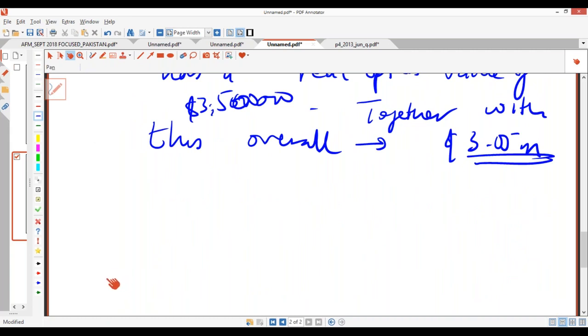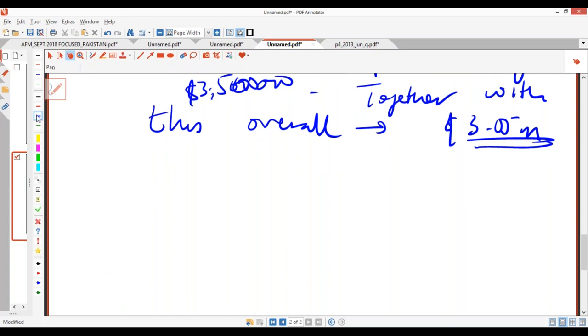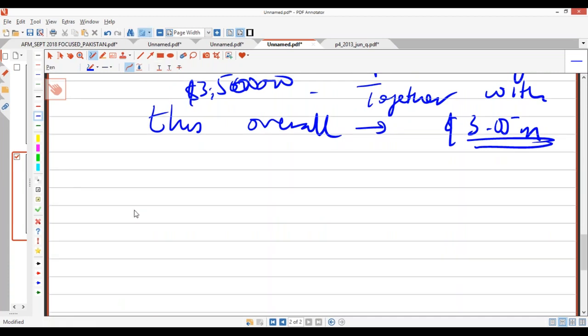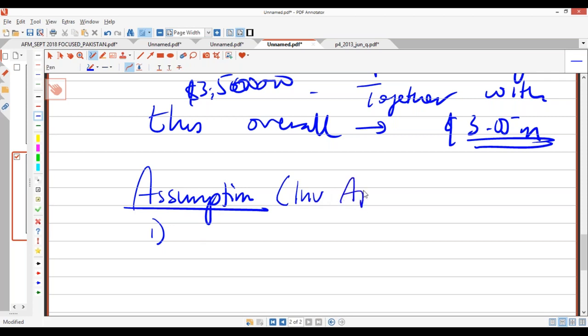Then we are going to go on to assumptions. Get a line, some lines there. Now with these assumptions, you must know that there are two assumption groupings here. The first grouping is going to be on investment appraisal, so we're going to have assumptions on investment appraisals.